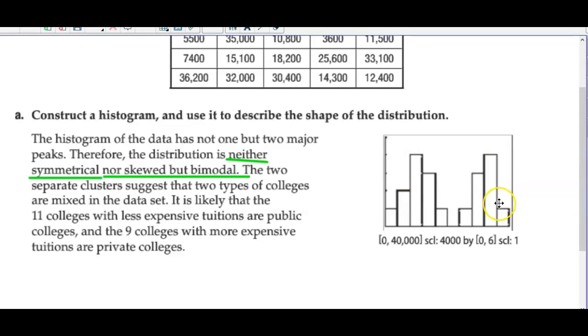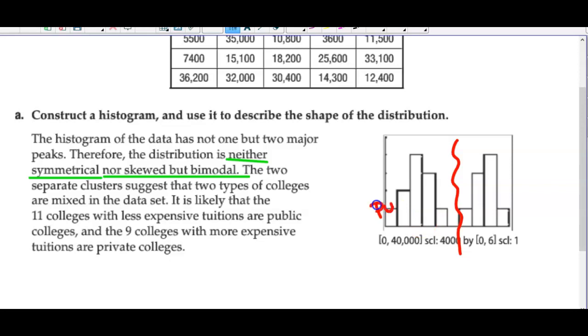Bimodal data, meaning there was two most often given answers, or in this case, costs. The histogram, the distribution is neither symmetric nor skewed, but it's called bimodal. It's the cost of colleges. Can anybody think why the cost of colleges would be in two separate categories here?